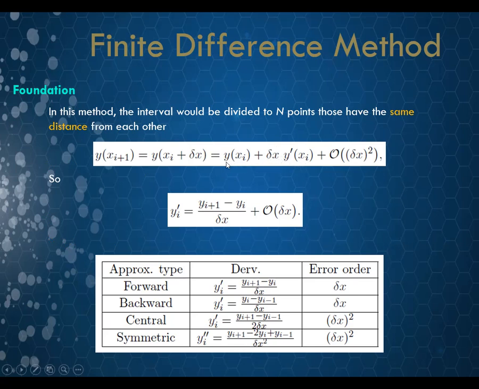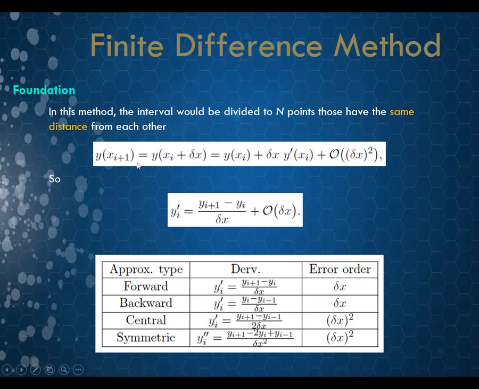Delta x is the difference between two grid points, which in the finite difference method is the same everywhere. So you can find the first derivative at the ith point based on the value of y at the ith point and the next point, over delta x, with error of order delta x. This is the so-called forward finite difference approximation to find y prime.